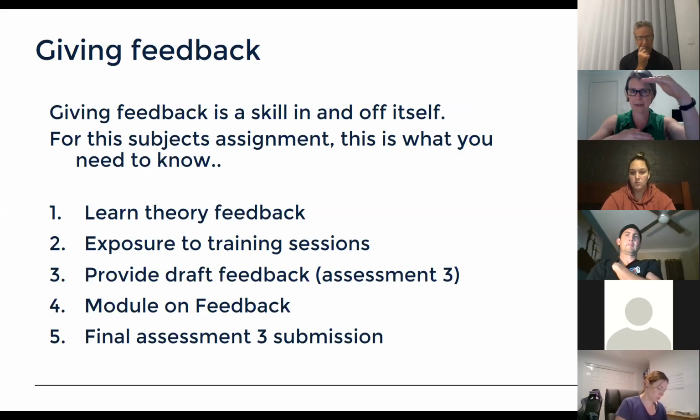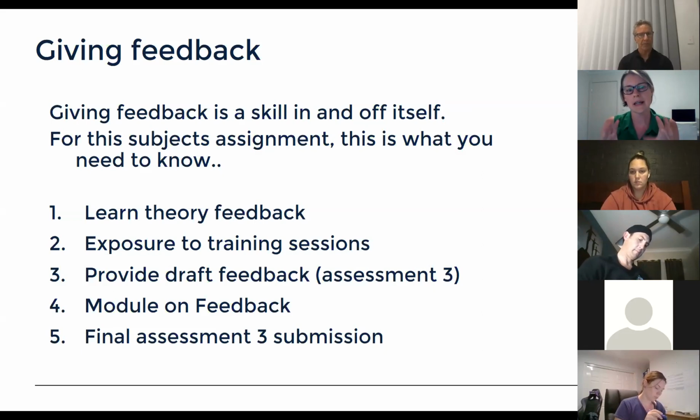It was quite open, but there were some key things that were important in terms of giving someone feedback. So you basically make a little document, you send that through to us, and based on that document, I'll make sure it's anonymized. I'll make a module on feedback, which is kind of flipped, but with some live interaction as well, because you're getting the content and the information in a live environment, in a book environment.